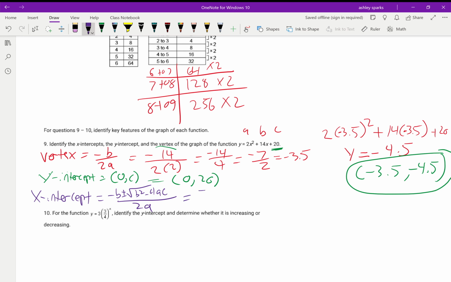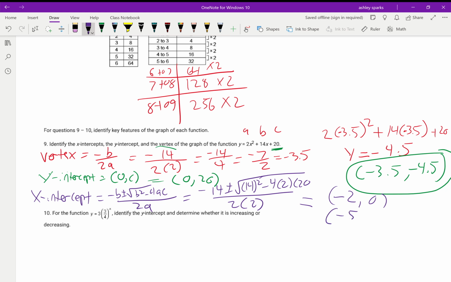So plugging this in, I would get negative 14 plus or minus the square root of b squared, which is 14 squared, minus 4 times 2 times 20, all of that over 2 times 2. And of course, we would want to simplify that all down, and we would get the point negative 2, 0, or the point negative 5, 0. It's a little bit of simplification, but that's what you are doing there.